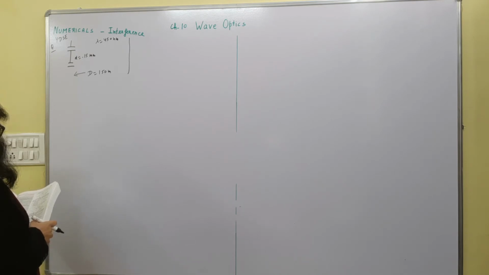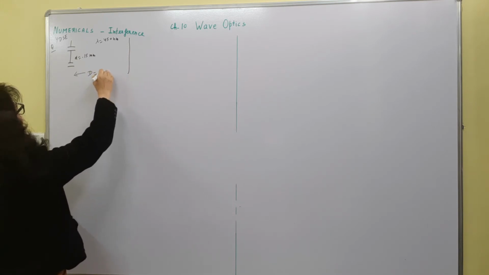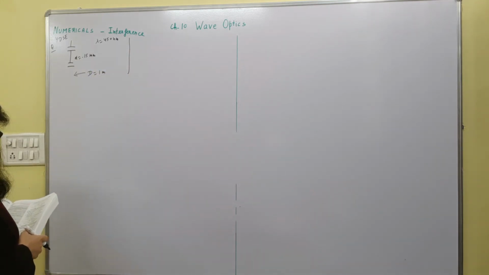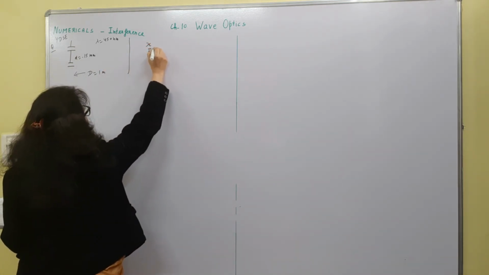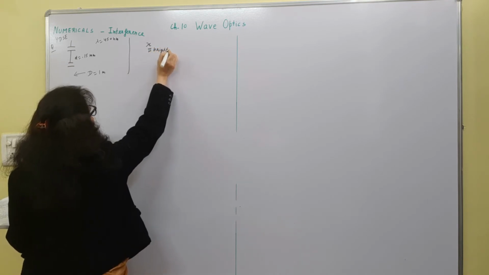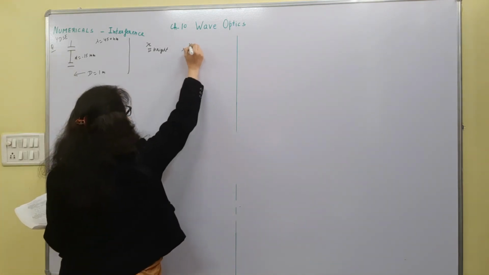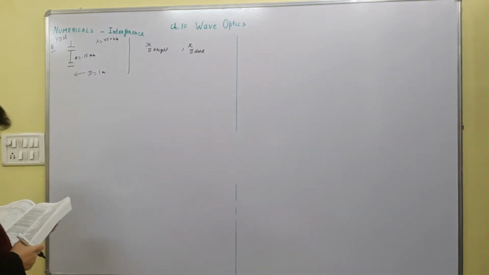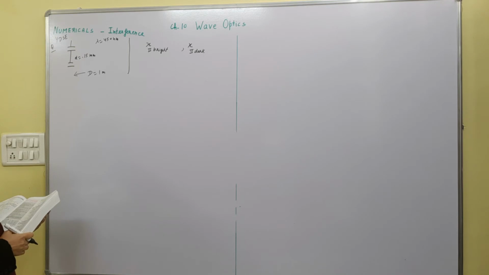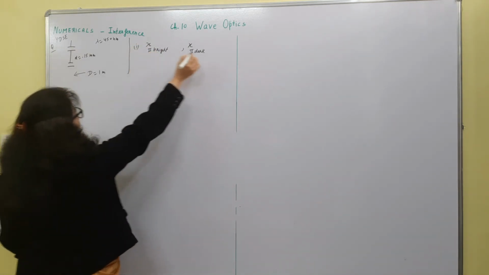Find the distance of second bright and second dark fringe from the central maxima. How will the fringe pattern change if the screen is moved away from the slits? This is first part.